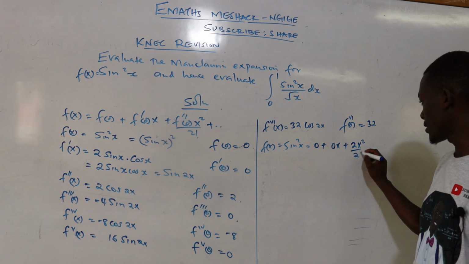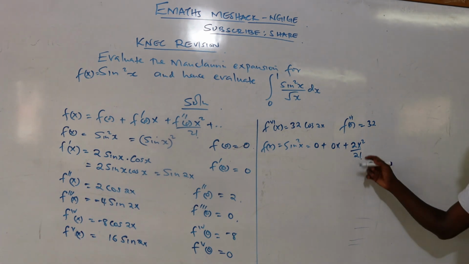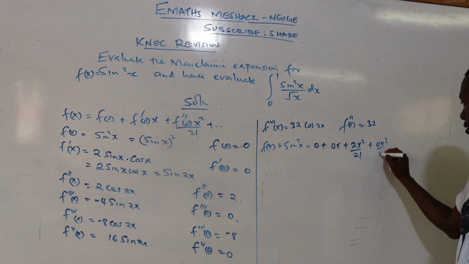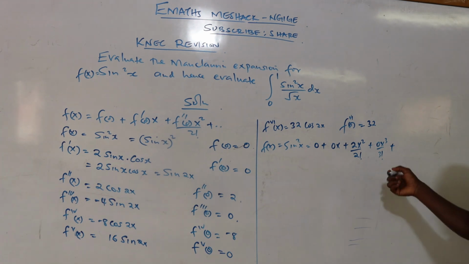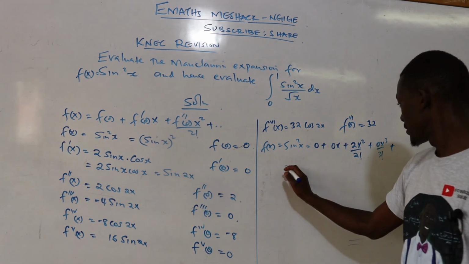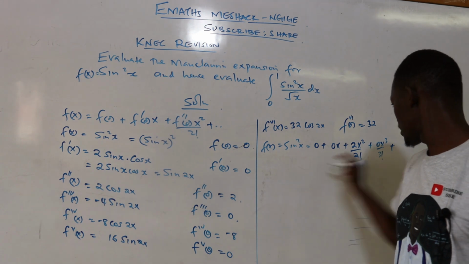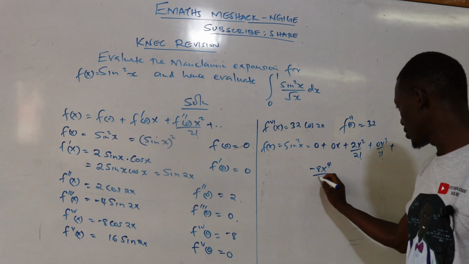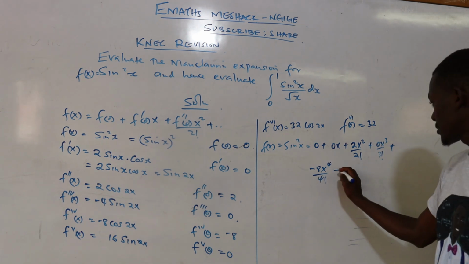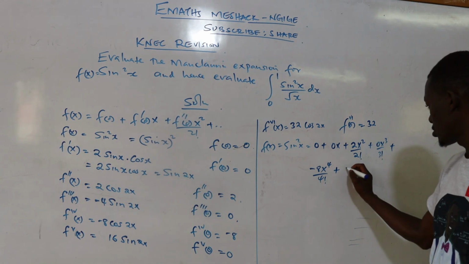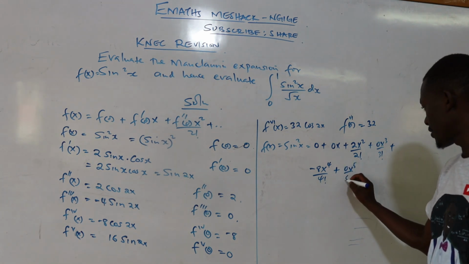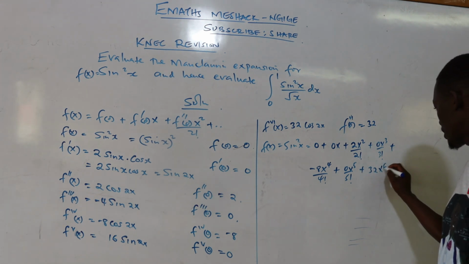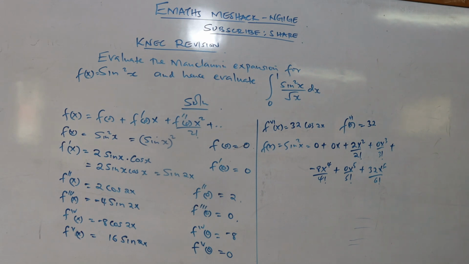Remember, the powers of x increase as we go on, then plus, then only 0, x cubed over 3 factorial, plus, let me write it here, we have now -8, so it will be -8 x to power 4 over 4 factorial, then plus, the next one is 0, x to power 5 over 5 factorial, plus, then you have 32, then x to power 6 over 6 factorial.